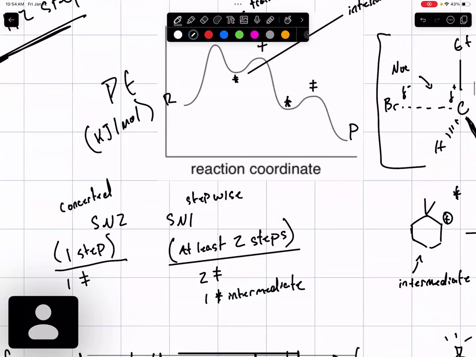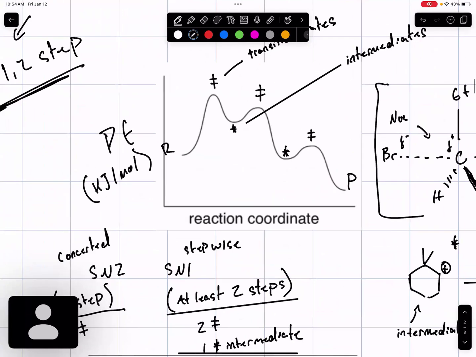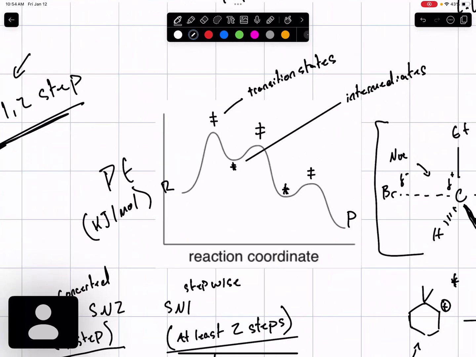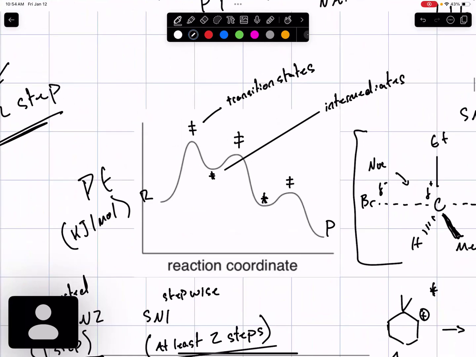Okay? That is all fine and good. This is just telling you what the definition of this is. So if we look at this reaction, how we can look at this is basically, okay, transition state plus intermediate equals 1 step.